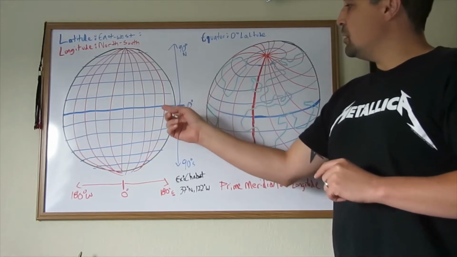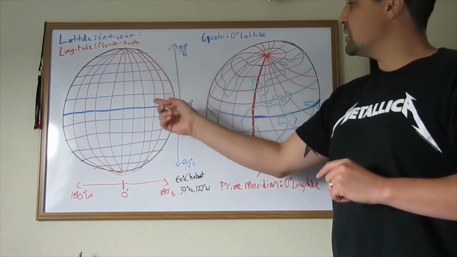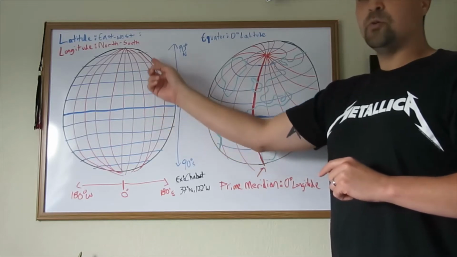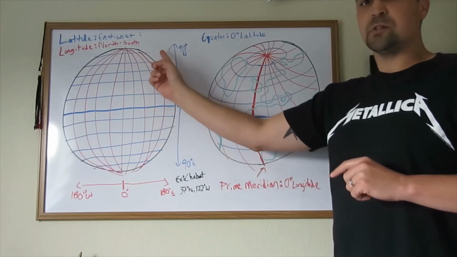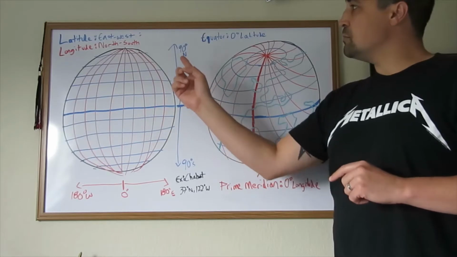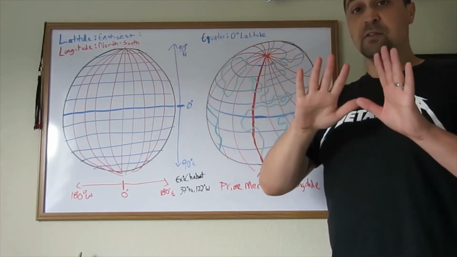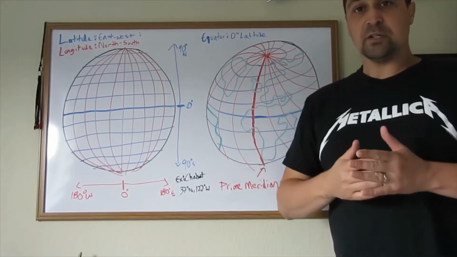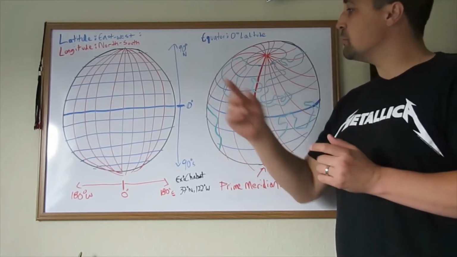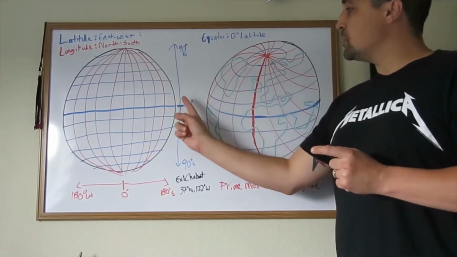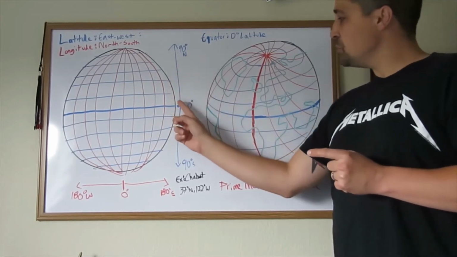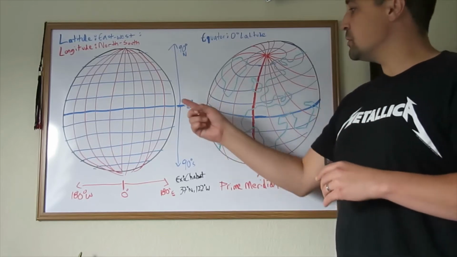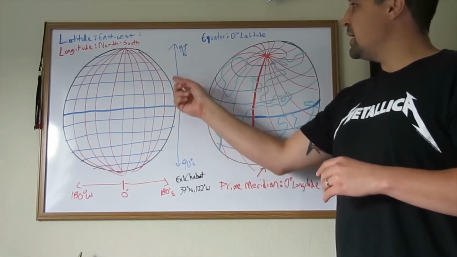So all of the various lines of latitude from the equator, and this would be in the north direction. Notice how my finger is going. Even though I said latitude travels east to west, the measurement of latitude is actually north to south. So if we're going from the equator to the north direction, we have in total for the northern hemisphere 90 degrees.